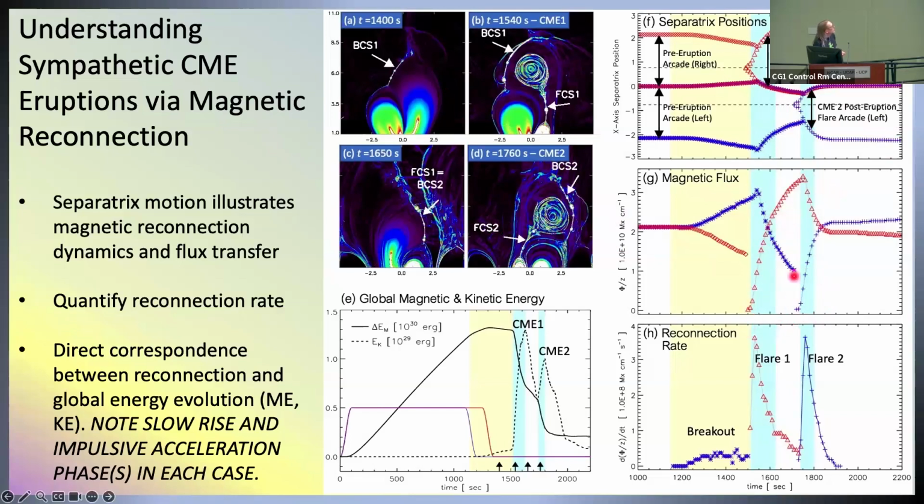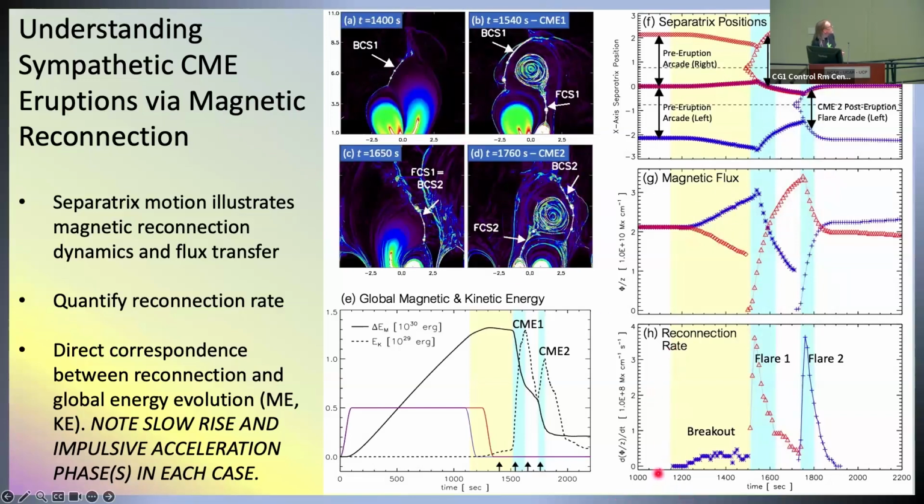And then these are the fluxes associated with the flare arcades, this one coming up for the first eruption, and this one coming up from the second eruption. And you can notice that at the end, the flux is not that different from what I started with. But the fact that I had to move it all around meant I could liberate a whole bunch of that extra energy that I put in.